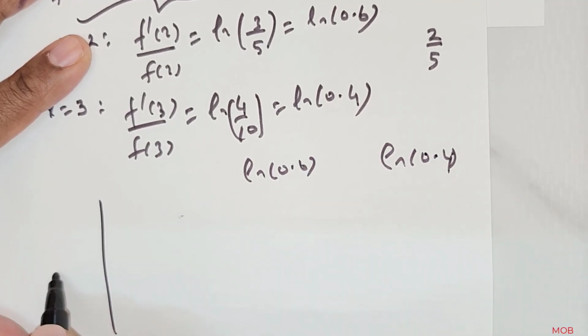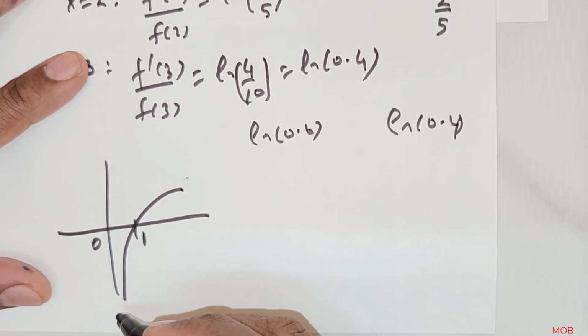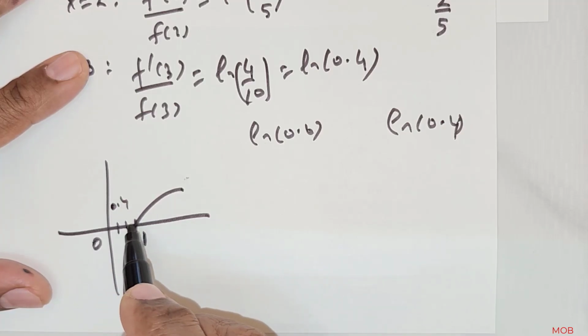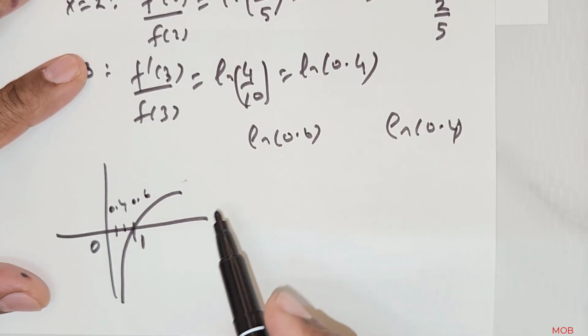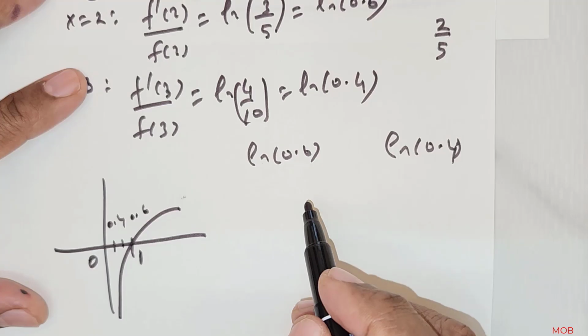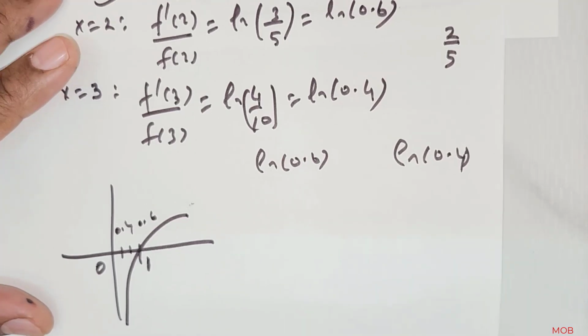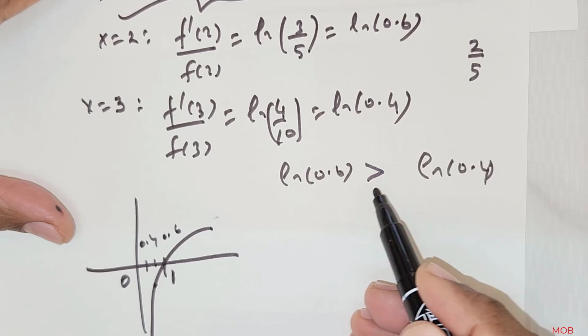For this, you go to the graph of ln. Between 0 and 1, the graph is increasing. Now 0.4 is here and 0.6 is here. Between the two, which one is greater? Clearly 0.6 is way above 0.4, so this is going to be greater.